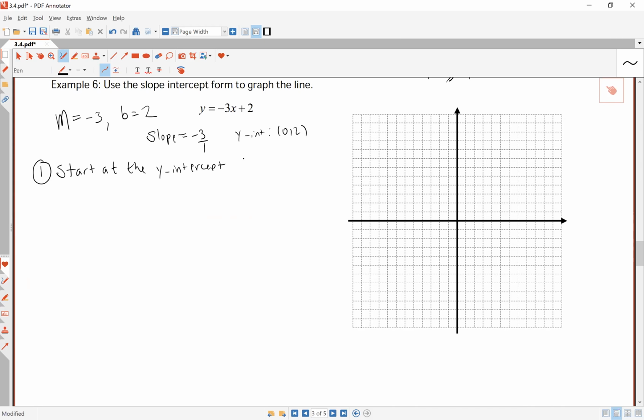Let's start at the y-intercept at (0, 2) and place that point on our graph.